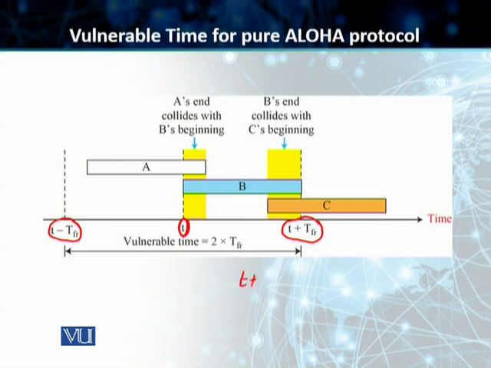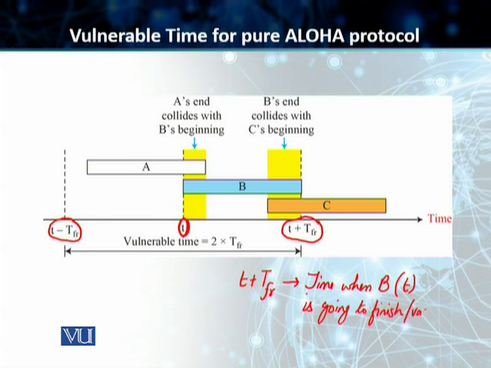T plus T frame is the time when B, which started the transmission at time T, is going to finish and vacate the medium. Now students, A started its transmission at T minus T frame, and therefore A's and B's frames are overlapping here.